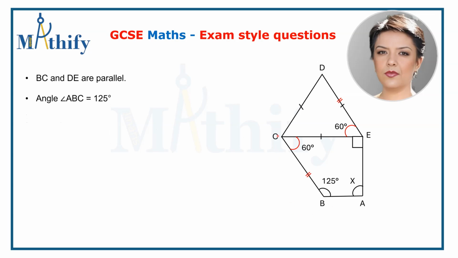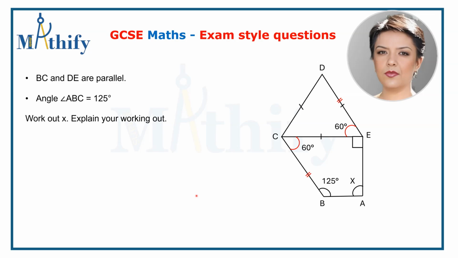We know that angle ABC is equal to 125 degrees. Work out X, explain your working out. I'll show you how to get the final answer and how to break it down step by step.